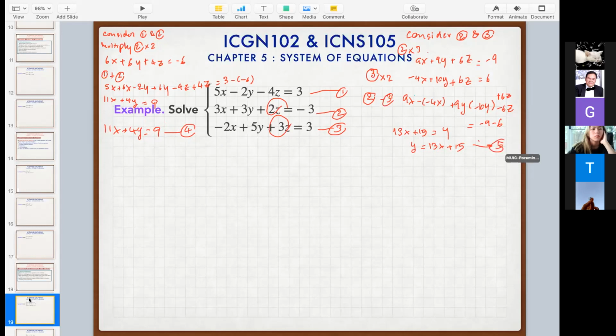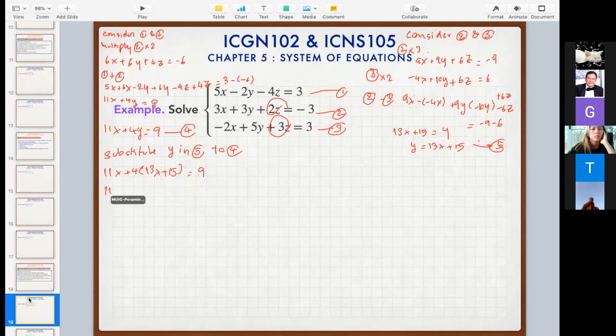Okay, I say that I substitute y in equation 5 into equation number 4. Then I get 11x plus 4 times (13x plus 15) equals 9.